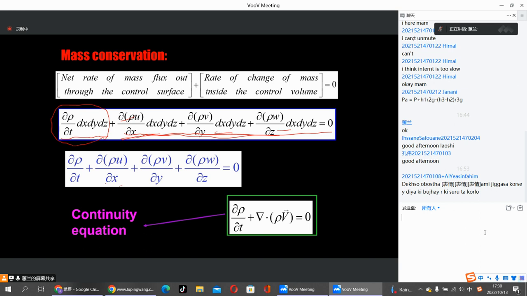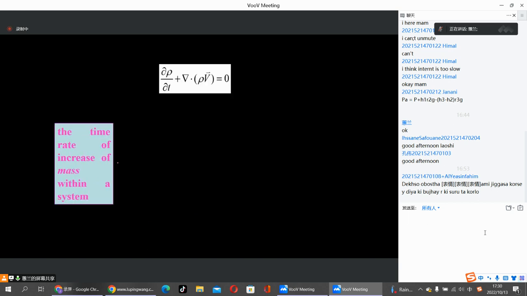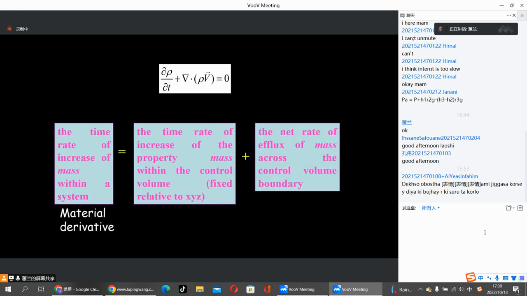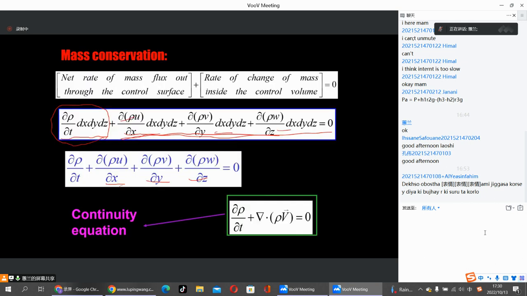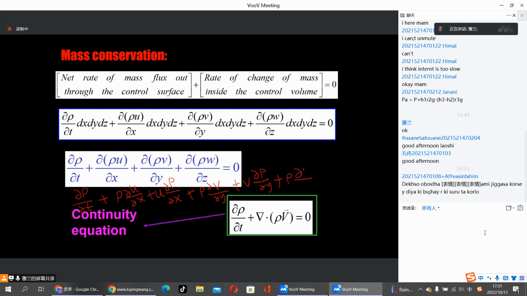For this one, in mathematics we can have two terms, right? Then we write it down this way. We can do it together. For this one, d rho dt plus, by the product rule, rho du dx plus u d rho dx, plus rho dv dy plus v d rho dy, plus rho dw dz plus w d rho dz, equal to 0, right?